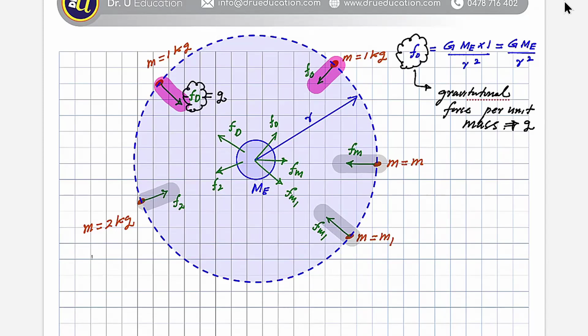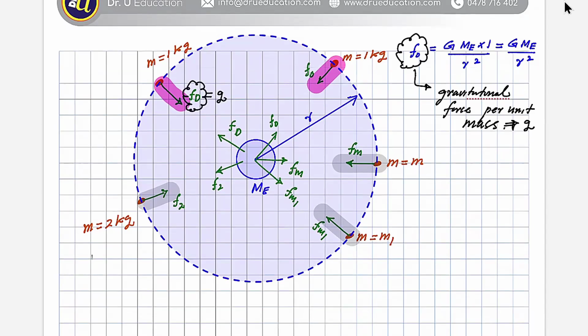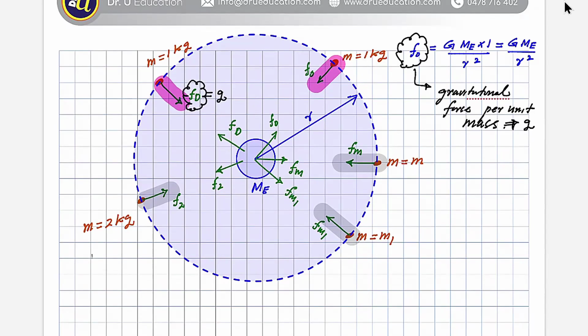So we know math, so we will try to play with it now. Now, this force, can you understand? This force is 2 times F0. Why? Because 2 kilogram is used here. In the previous one, 1 kilogram. So you understand this is nothing but now 2g.